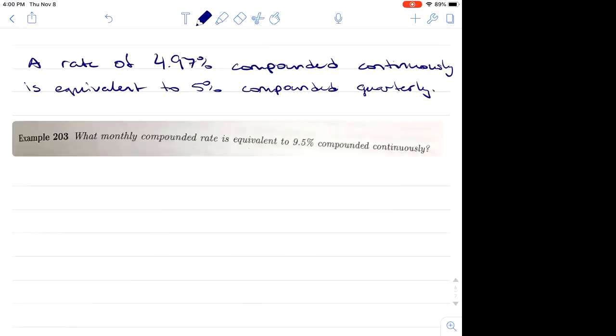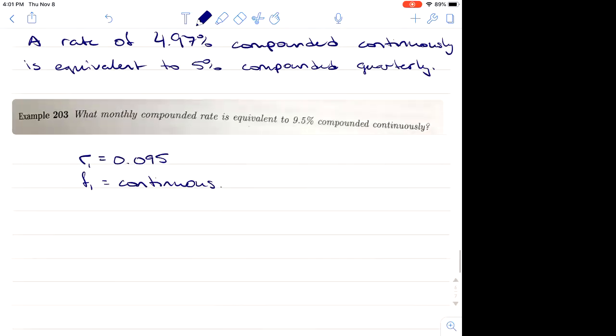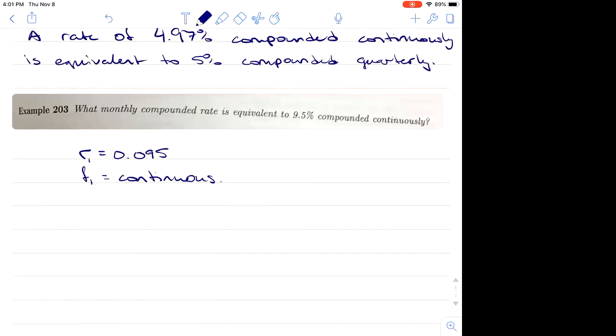So we have R is 0.095, where R1 and F1 is continuous, so it doesn't really exist. And R2 is the one we want to find, where F2 has to be monthly, so 12.